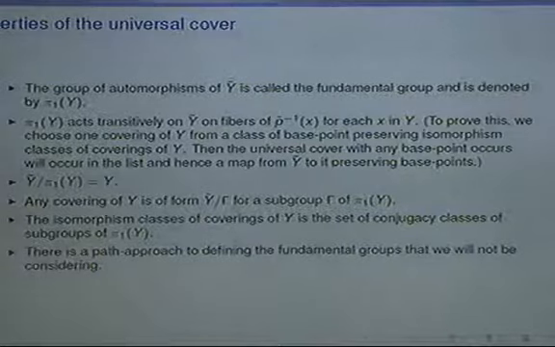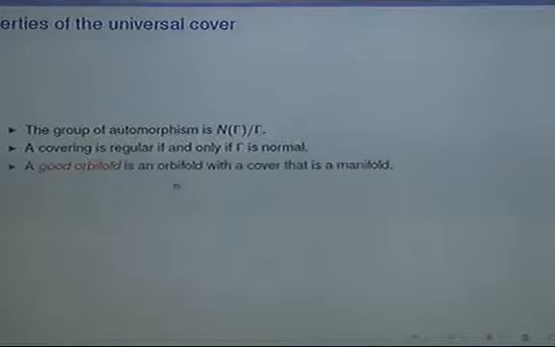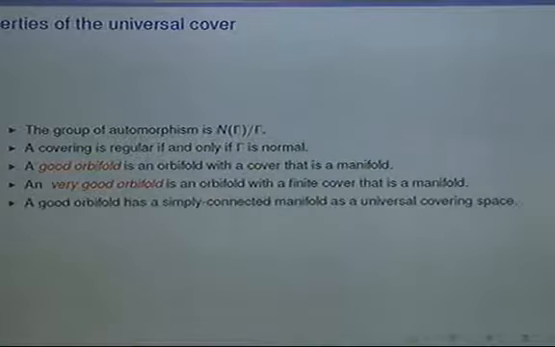In this category, I think. There's also a path approach that I didn't really talk about, but it's doable and probably may be better. The group of automorphisms is this, and the covering is called regular if gamma is normal in pi1 of M. A good orbifold is one that has a cover which is a manifold.